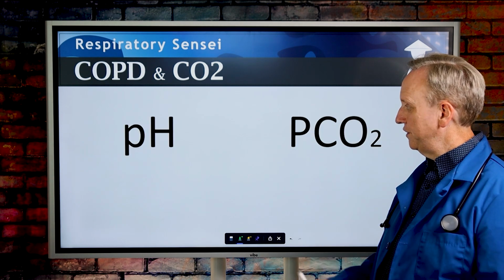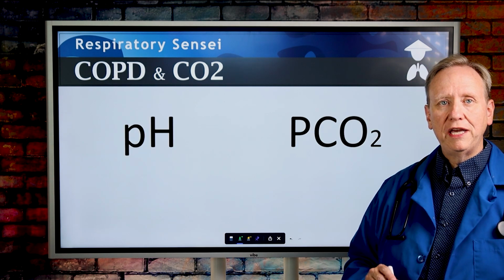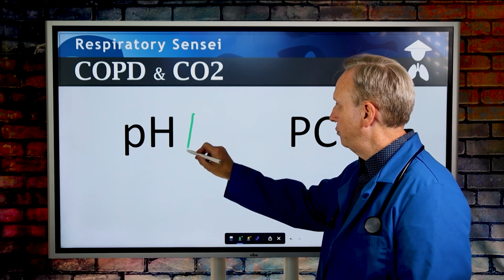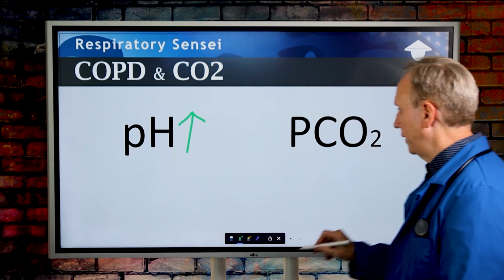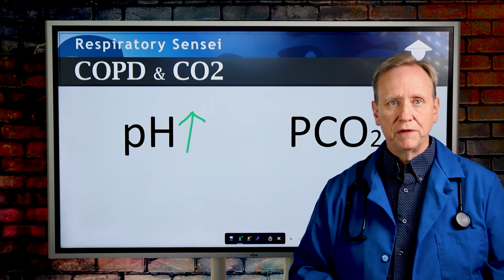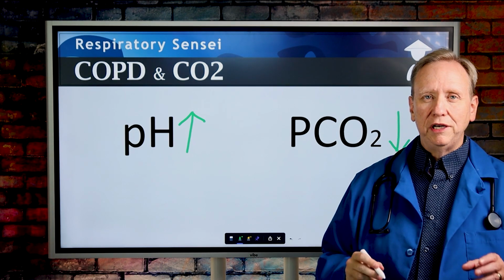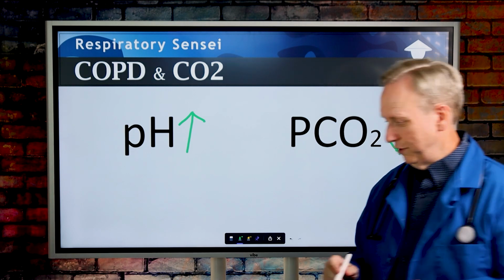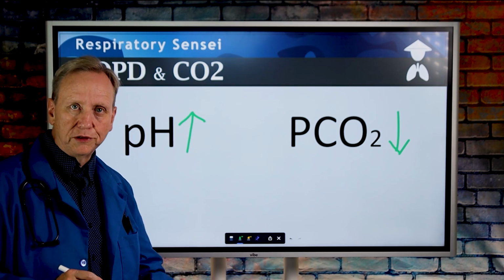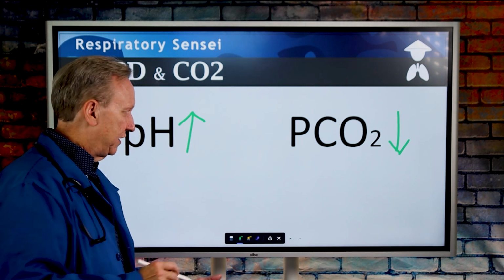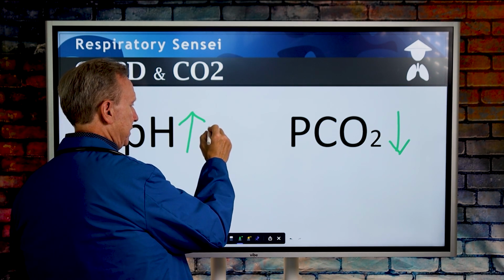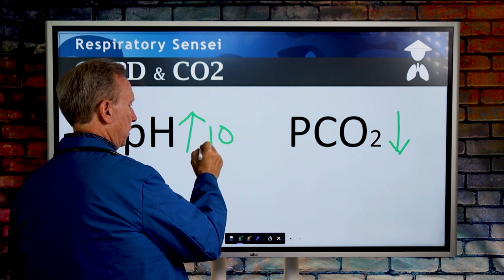Okay, so the first thing is that we know we have pH and CO2. And what we know is this: when pH goes up, the CO2 is going to go in the opposite direction. We all know that. But here's something people commonly do not know: when pH goes up by a certain amount, CO2 also responds by a fixed amount. So here's what we're going to say. If pH goes up by 10, now I'm going to say 0.10.